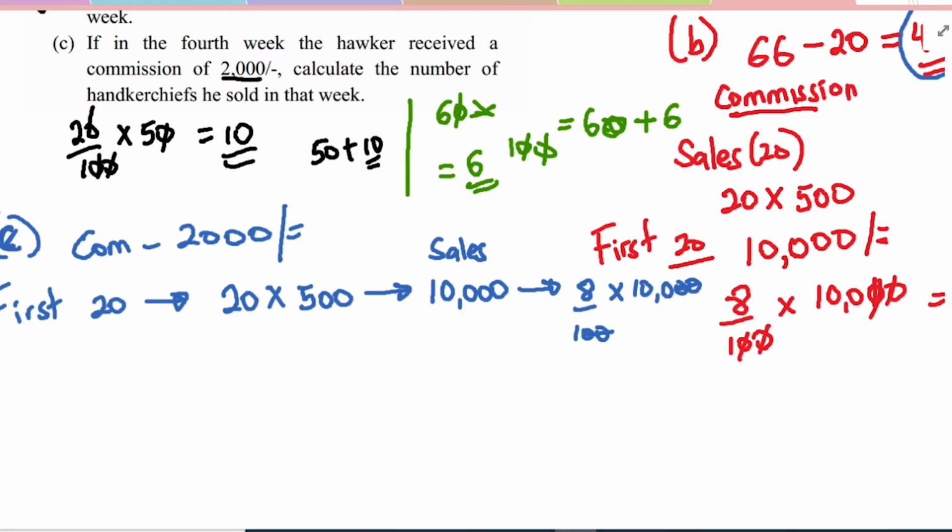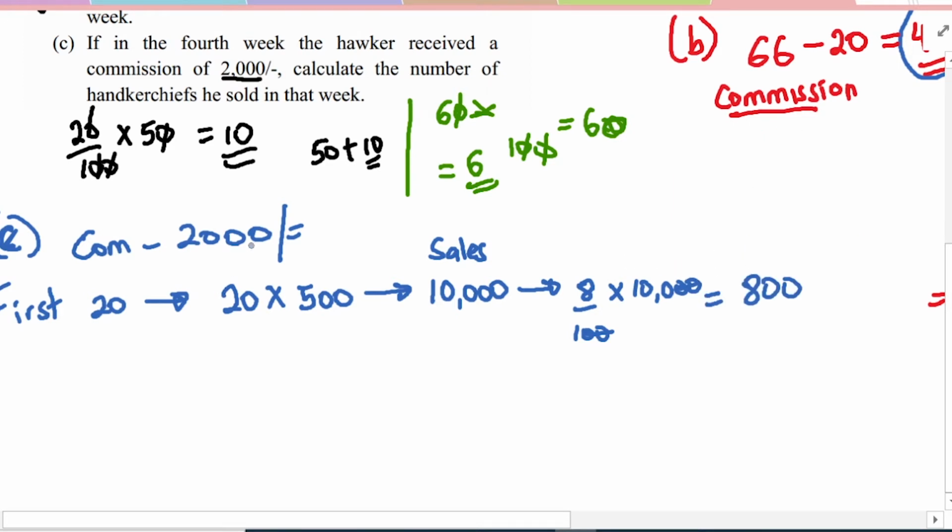Let me rub the rest of these things away. So in other words, here we have the sales and we have commission. That's the first 20. Then the excess of 20.